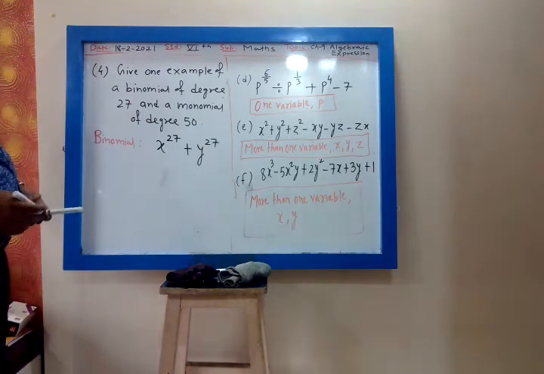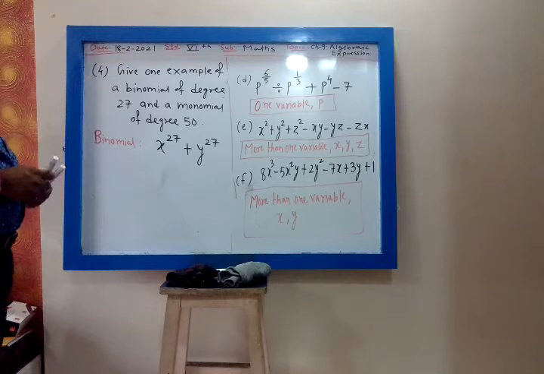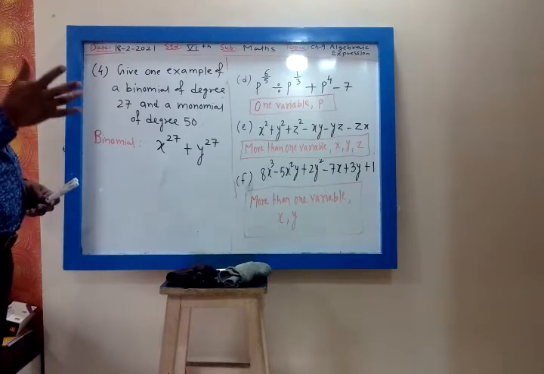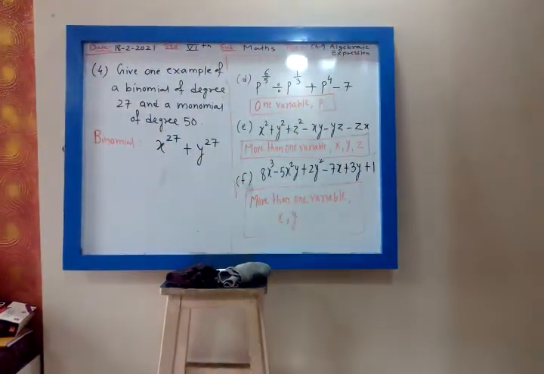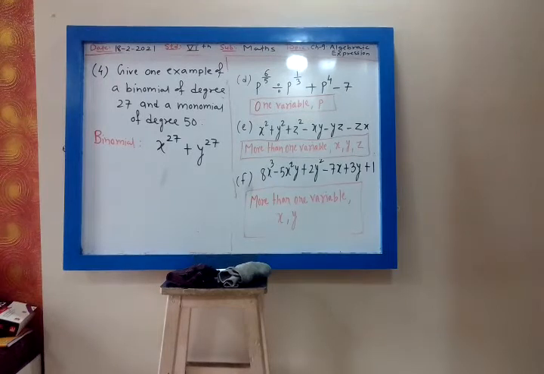Yes? Are you getting? What is the degree of the polynomial? Yes, what is 27? How many terms are there? Two terms. So whenever two terms are there, it is a binomial, and degree is 27 because of the highest power.